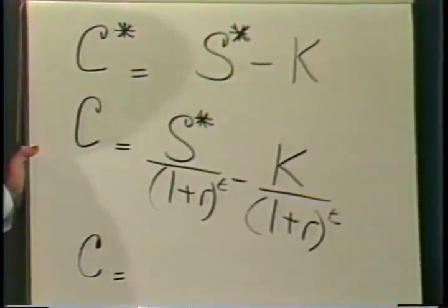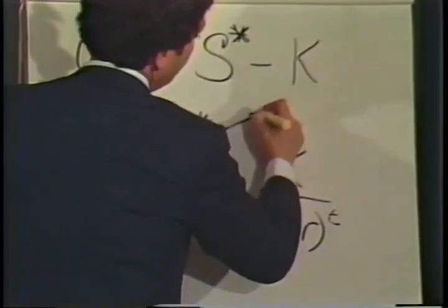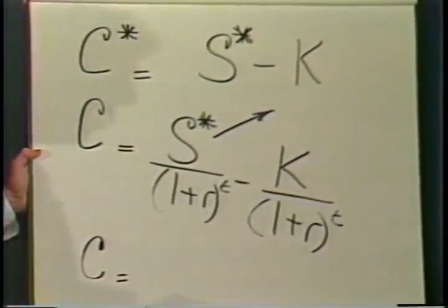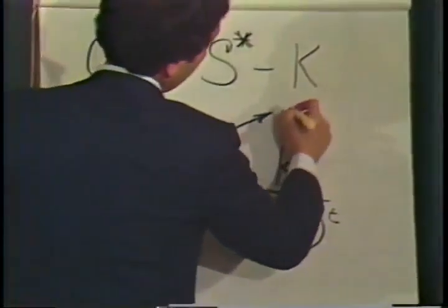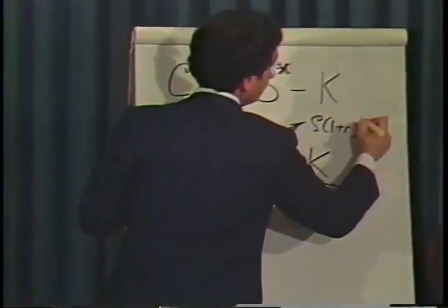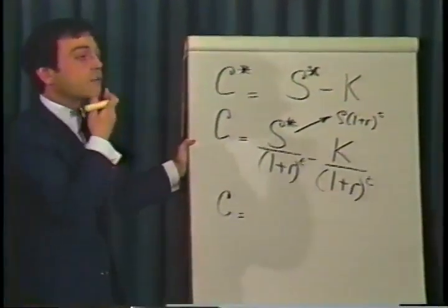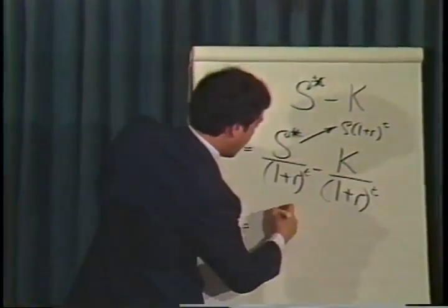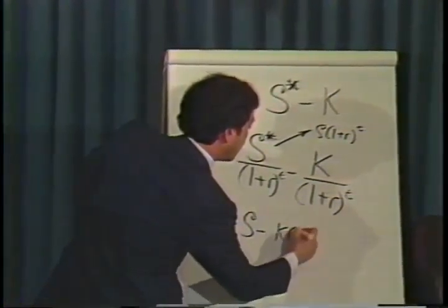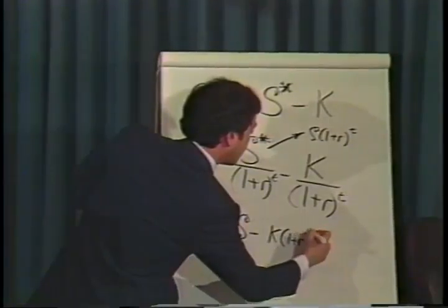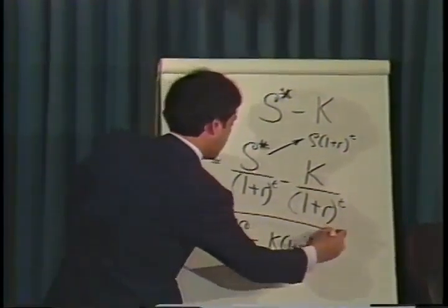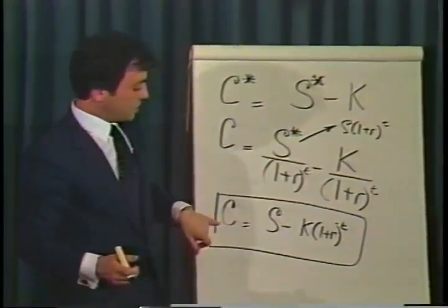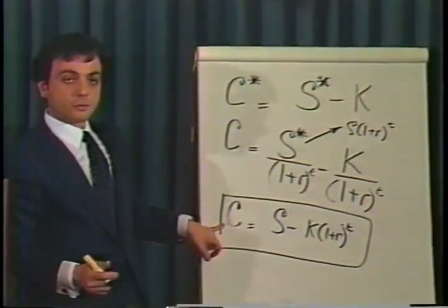Now, if the stock grows at the risk-free rate of interest, what is S star equal to? S star is equal to S into 1 plus R to the T. Okay, it grows at the risk-free rate of interest. So then we have here S minus K into 1 plus R to the minus T. Okay, this is the price of a call option in a deterministic world.